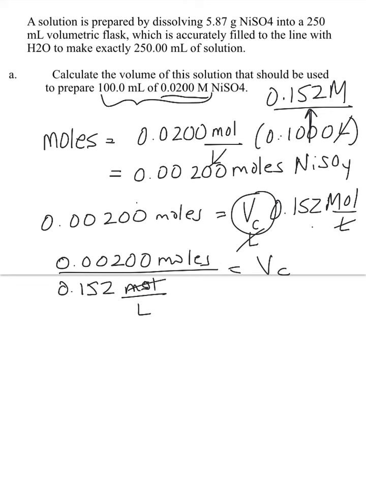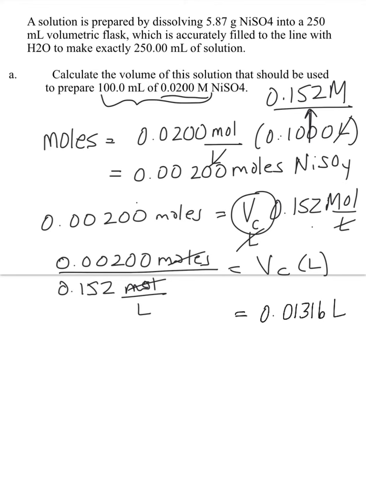So you can see moles will cancel here, and I have liters in the denominator of the denominator, which tells me that my units are going to be in liters once I've done that division. And if I do that division, I get as my answer 0.01316 liters.